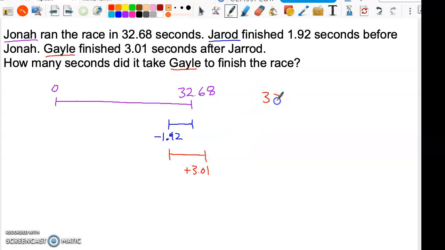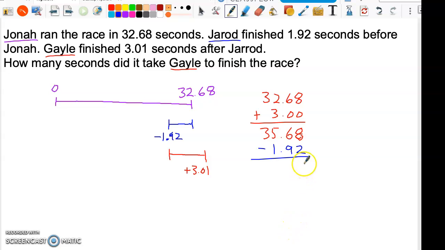I'm just going to go ahead and add 32.68 and 3.01, my two positive numbers, to get 35.69, and then Jared's number was minus 1.92, so I'm going to subtract that. My final answer is going to be positive because this bigger number is positive.